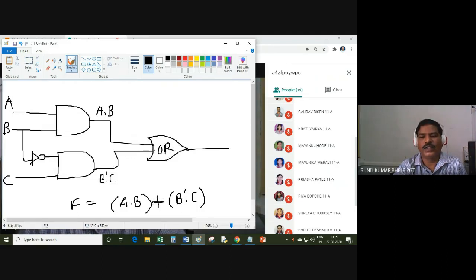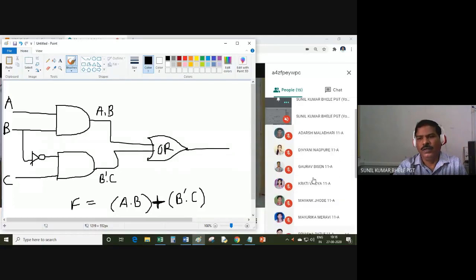A dot B is the input here, B complement dot C is the input here, and between these two values you put a plus sign. The plus is the symbol for OR gate. So this is the correct Boolean expression for this logic circuit: F is equal to A dot B plus B complement dot C. Divyani, have you understood?